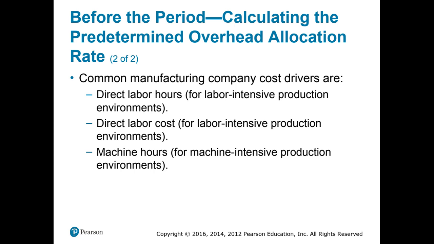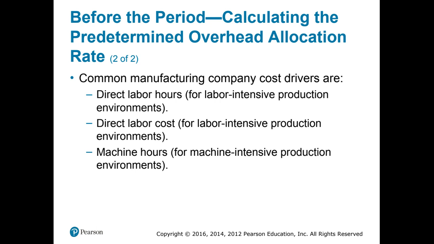And we'll see on page 882, they're giving us the formula to calculate the predetermined overhead allocation rate. To calculate it, you take total estimated overhead cost divided by total estimated quantity of the overhead allocation base. And then if you look a little further down, we actually have an example.